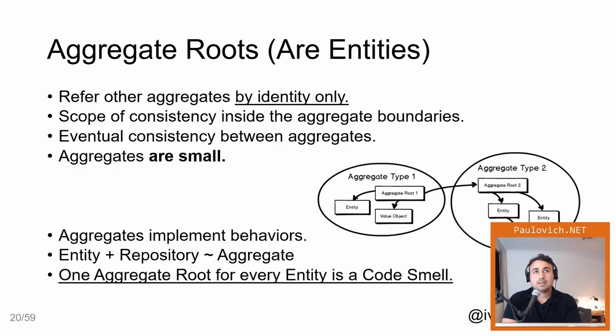Well, the way I see an aggregate root is an entity plus the repository behavior. It's very closely what an aggregate is. So if I go back to that example of the debit and credit, I do not expect the credit and debit to be changed or updated independently.